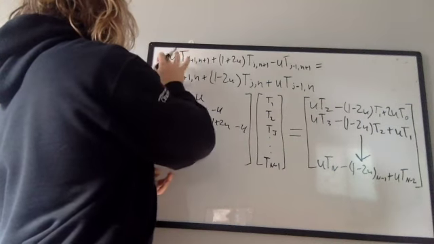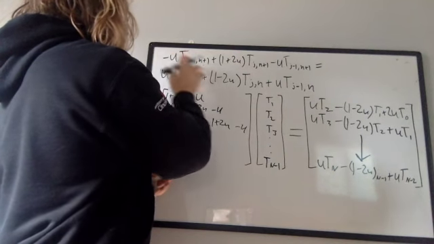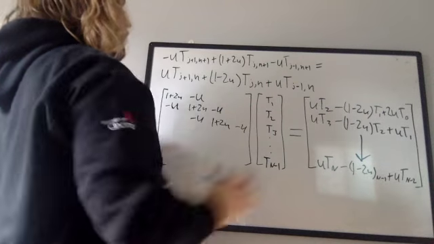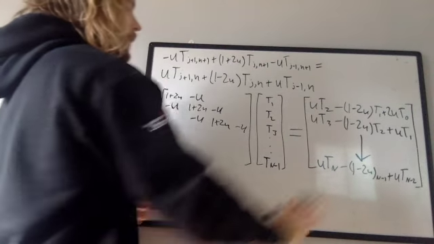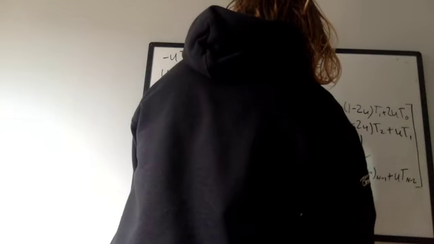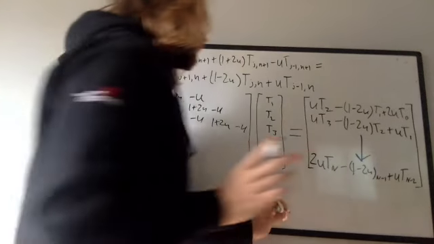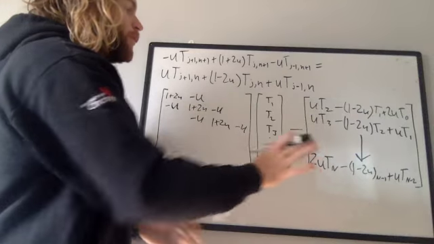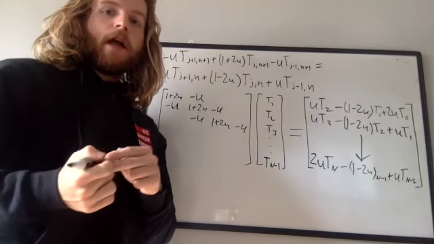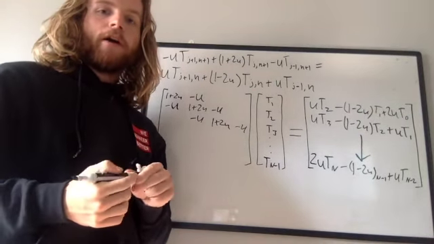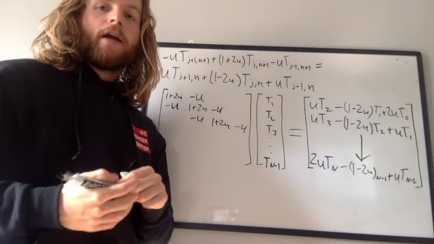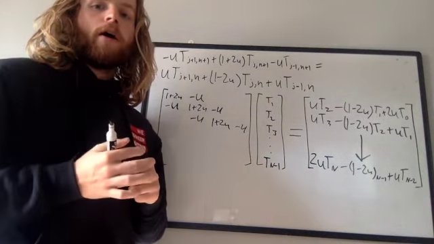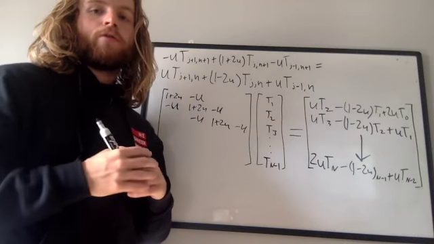Once again, this is a negative UTn, so we add it to both sides to cancel out, and that gives us another one over here, which we add to our already existing UTn to create 2UTn. And there you go. That is going to do it for our matrix. This is all written out. These are the patterns that are going to be forming. Now we'll go ahead and code this up in Python so that we can create our implicit model for how this heat is going to diffuse throughout the bar.